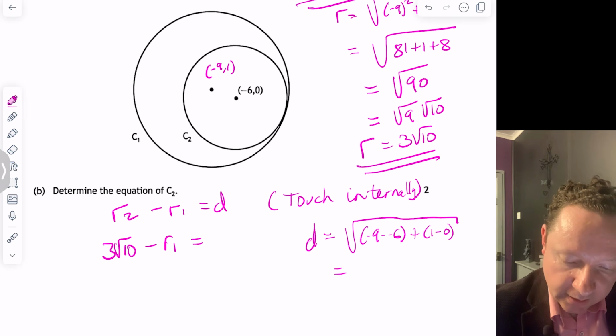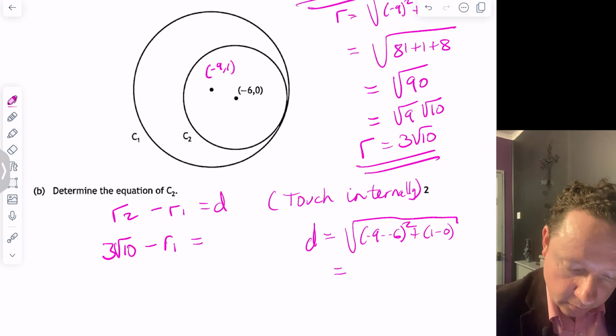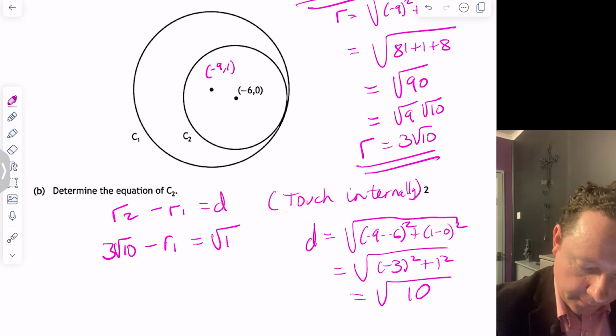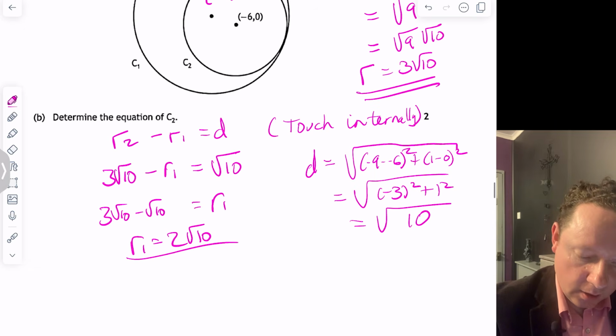The difference between minus 9 and minus 6, minus 9 plus 6 is minus 3, that's squared of course. Square root of minus 3 squared plus 1 squared, that's 9 plus 1 is 10, root 10, so that equals root 10. R1 over to this side, you get 3 root 10 minus root 10, so R1 equals 2 root 10.